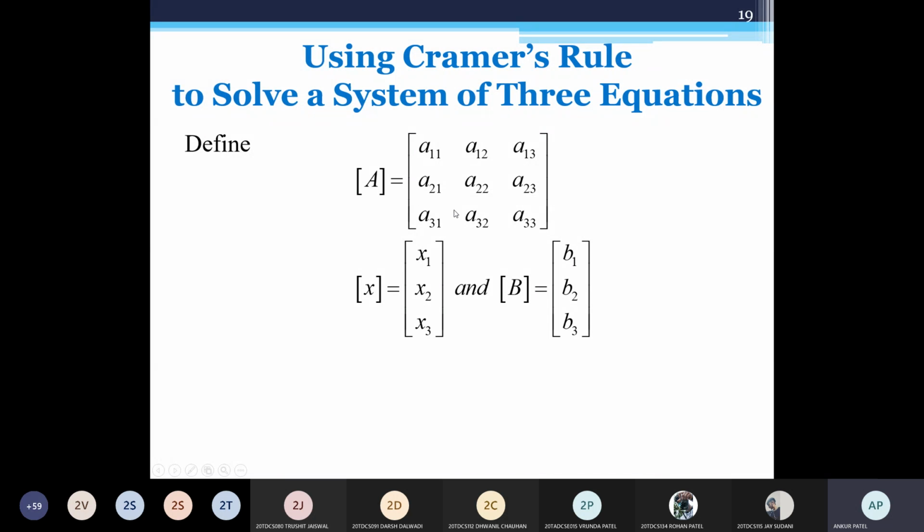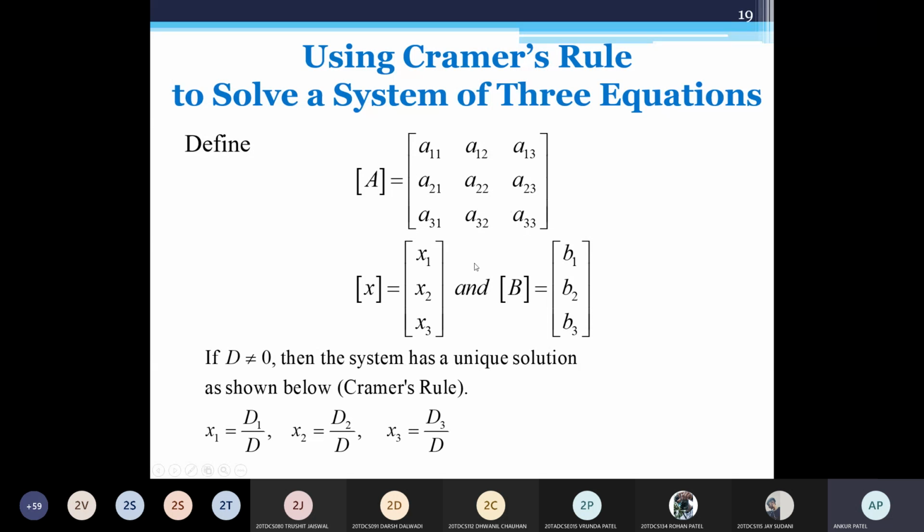So this is the matrix form if you have 3 linear equations, and you can apply Cramer's rule for determining different currents or unknowns. If the overall determinant is not equal to 0, then the system has a unique solution. So according to Cramer's rule, x1 equals d1 by d, x2 equals d2 by d, x3 equals d3 by d.